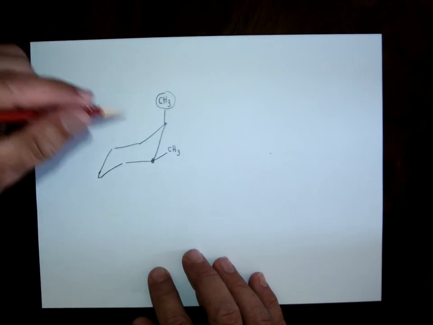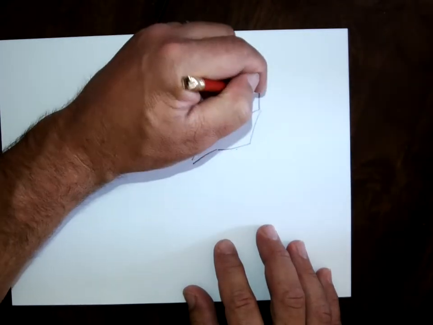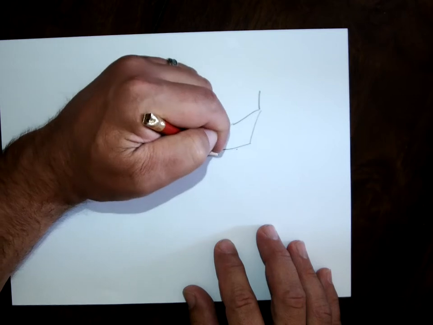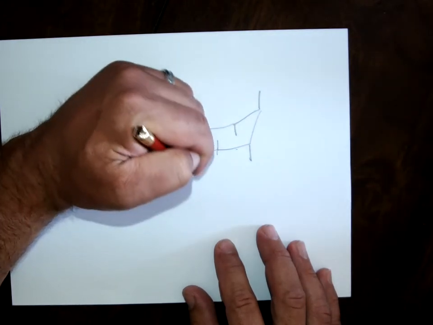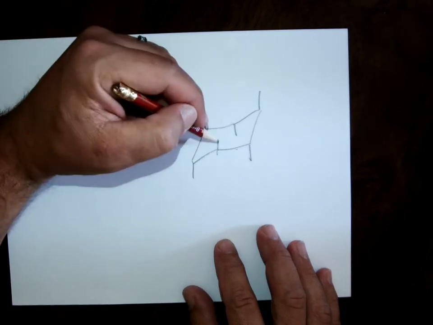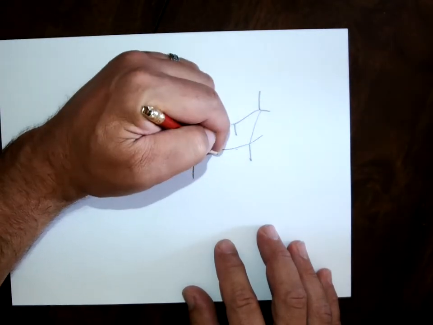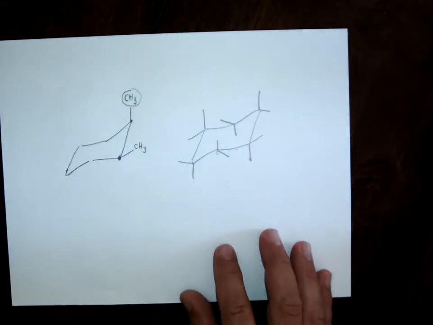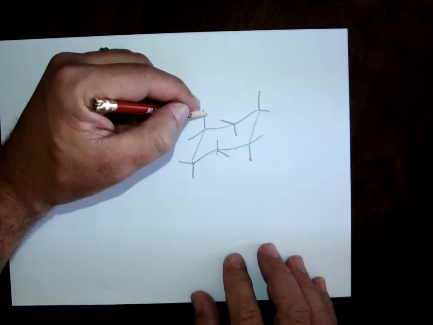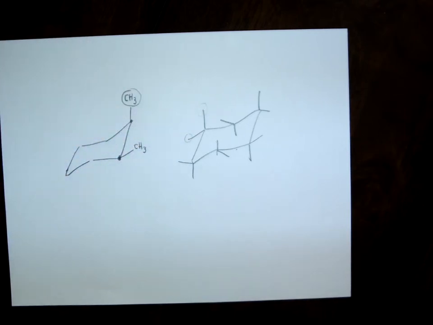And at first, when you're first trying to do this, it might be useful to draw out your chair form with all of the axial and all of the equatorial positions, because where they're located is really important. If you have an axial position pointing up, the equatorial position is going to be pointed slightly down.